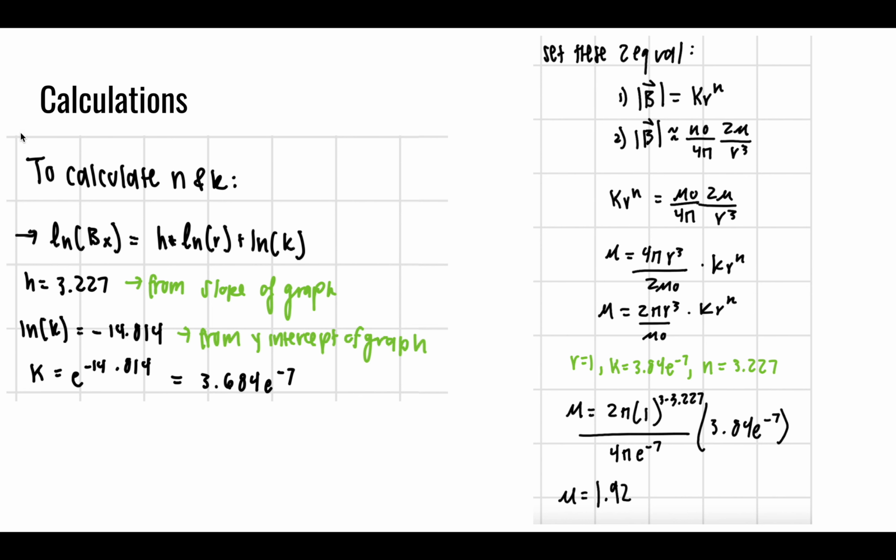Right here I show how we're calculating n and K, and this is taken from the graph from the previous slide. We're basically equating this formula here to y equals mx plus b, and you can see what our values are here. And then we're setting these two equations for distance dependence and the Biot-Savart law equal to each other, and that helps us to find our magnetic dipole moment, which we got to be 1.92.